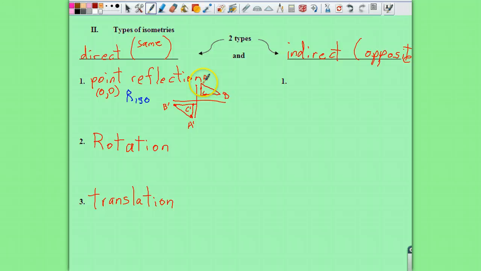If I start at this point, I'm going the same way around the figure as I do on the transformed figure. So traveling around this figure, I'm going clockwise. Same isometry. So clockwise direction, A, B, C. Let's start here. A, B, C. So that's the same isometry.